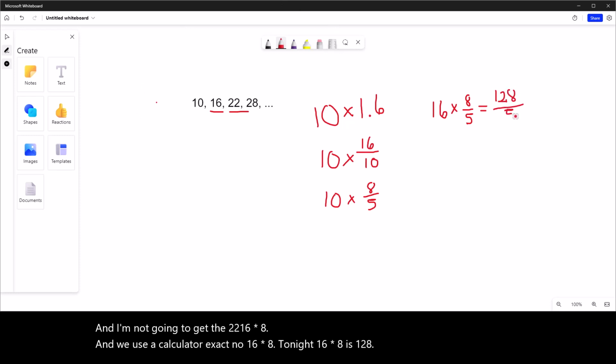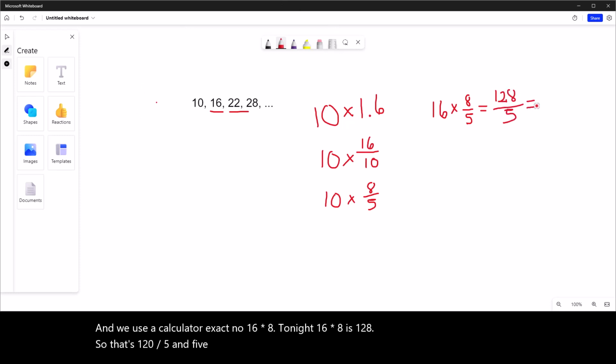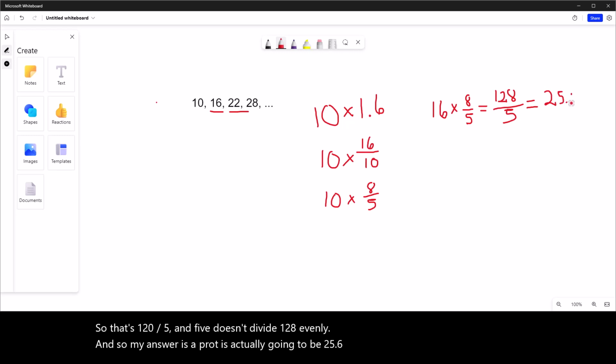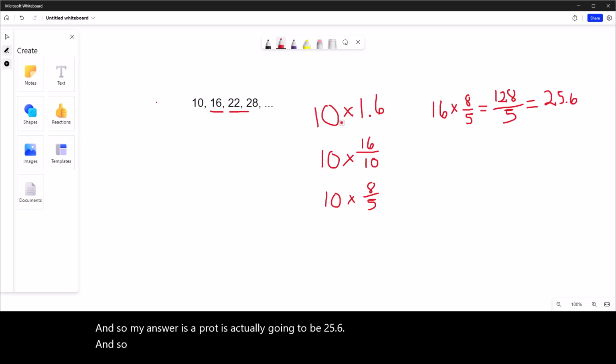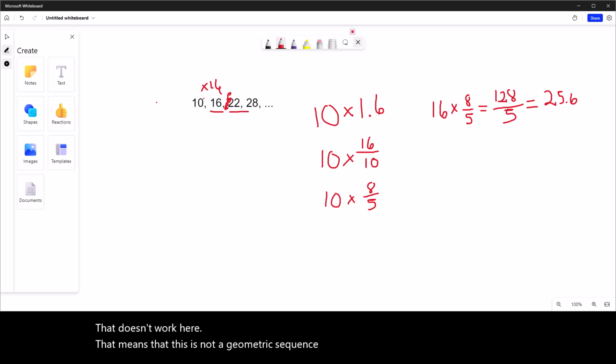So that's 128 divided by 5, and 5 doesn't divide 128 evenly. And so my answer is actually going to be 25.6. And so although I can multiply by 1.6 to get from 10 to 16, that doesn't work here. And that means that this is not a geometric sequence.